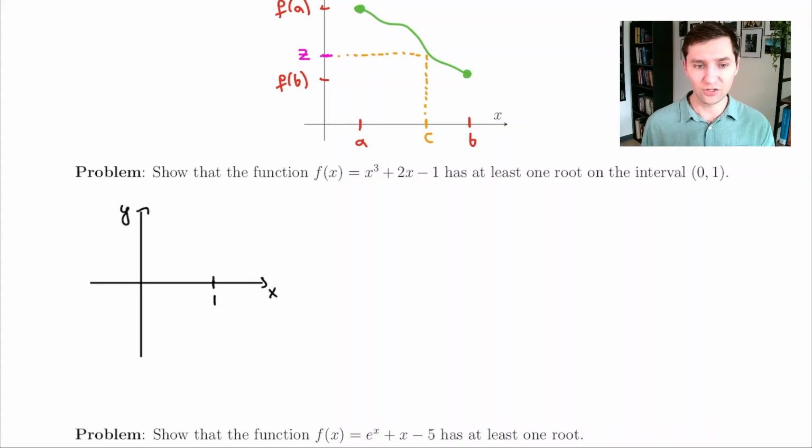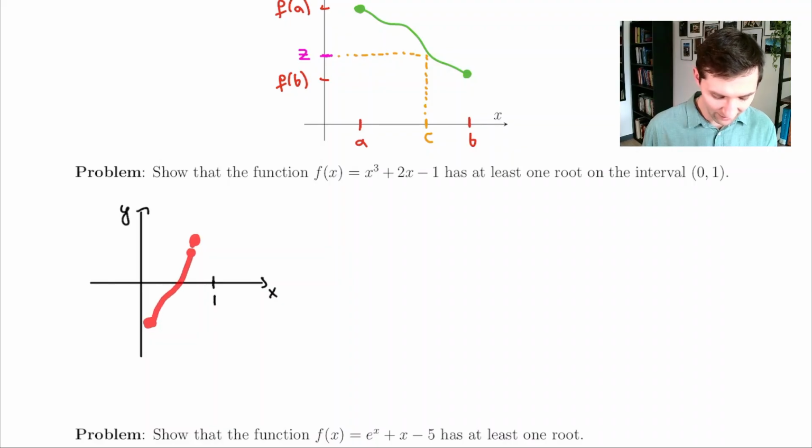If I can only show that there is a place in the interval from 0 to 1 where the function is below the x-axis and a place where the function is above the x-axis, by the intermediate value theorem, the function will have to cross the x-axis. In other words, there will be a place where the value of the function is 0. The function will have at least one root.